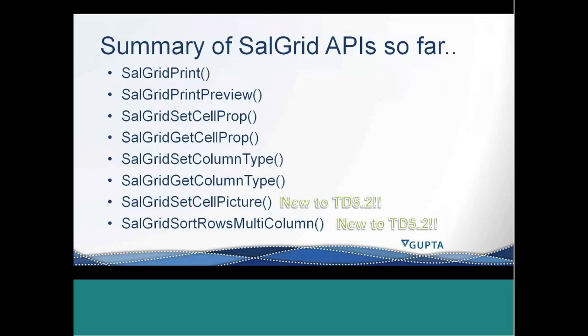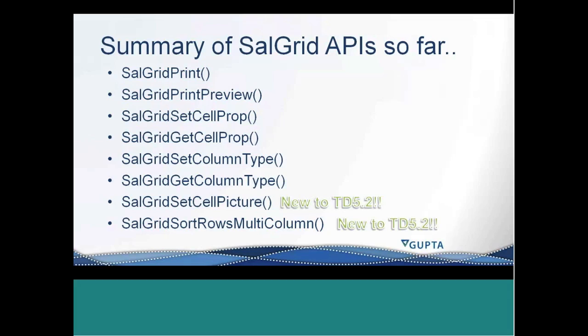So a summary of the SalGrid API so far. I had 1, 2, 3, 4, 5, 6 SalGrid functions introduced in Team Developer 5.1, and in Team Developer 5.2, 2 new functions were introduced. SalGridSetCellPicture to set a picture to a cell.